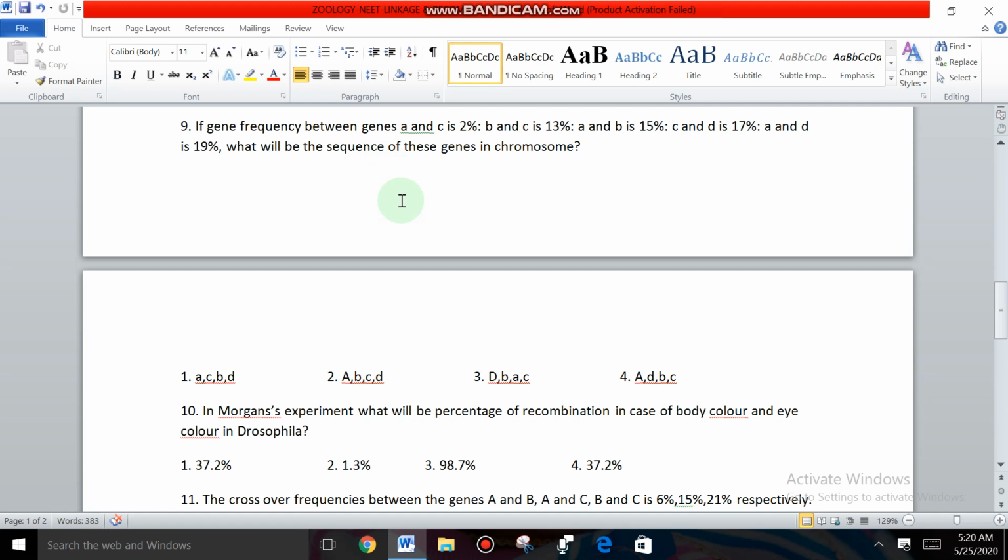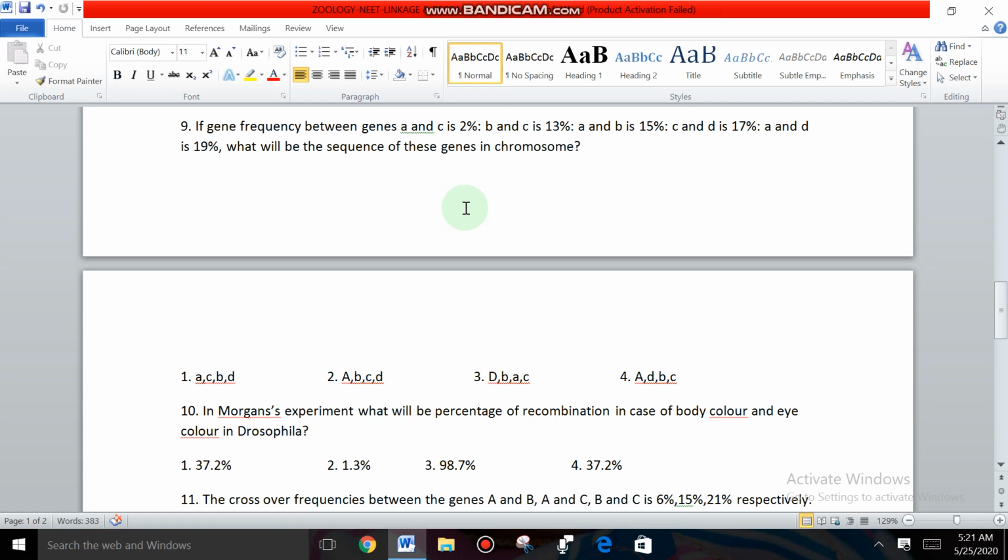Is it possible? Yes. How is it possible? In the data, 4 genes are arranged on the chromosome: A, B, C and D. So the distances between genes are given, and by that you can find in what sequence the genes are arranged. It's very easy.